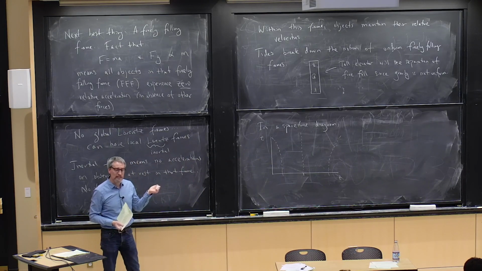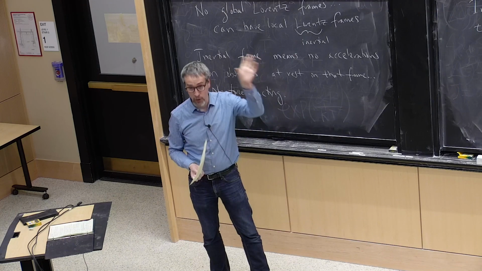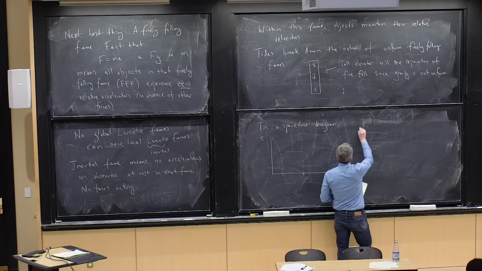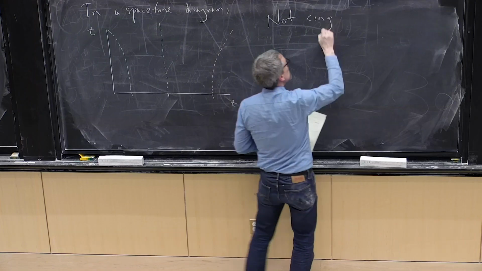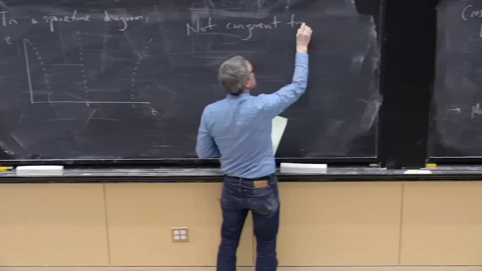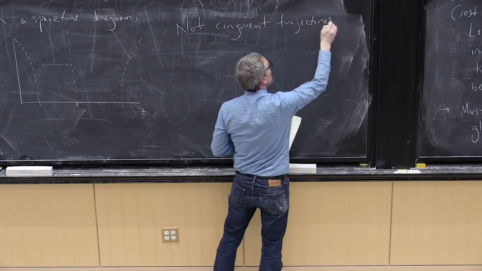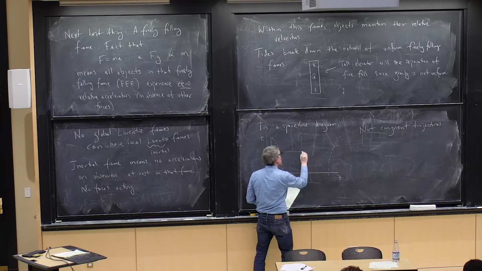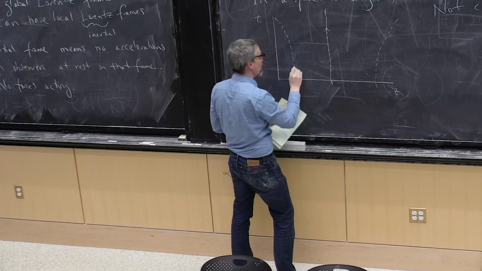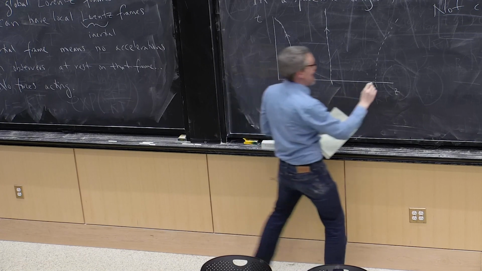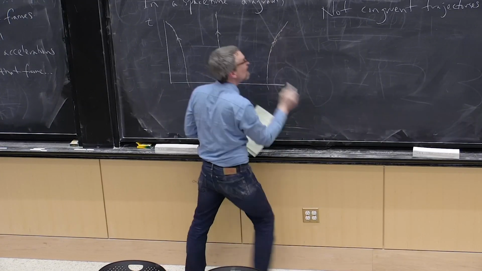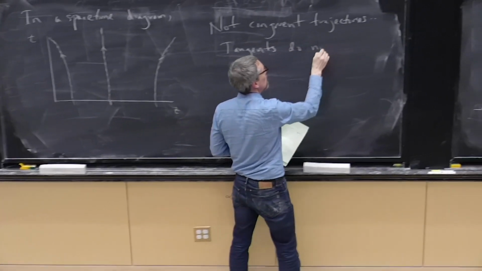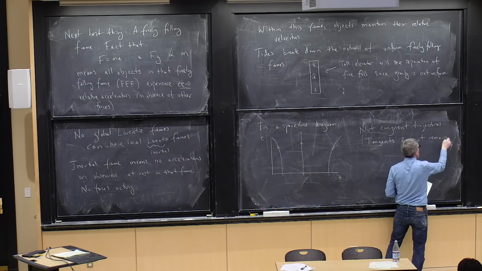It's a very similar story to the little parable I sketched of that light pulse moving up. These are not congruent trajectories. Another way to say this is that if I think of these as world lines, at any moment along the world line I can draw its tangent vector. The tangents do not remain parallel.